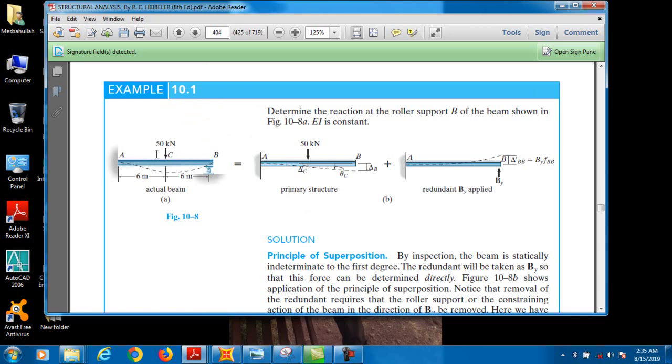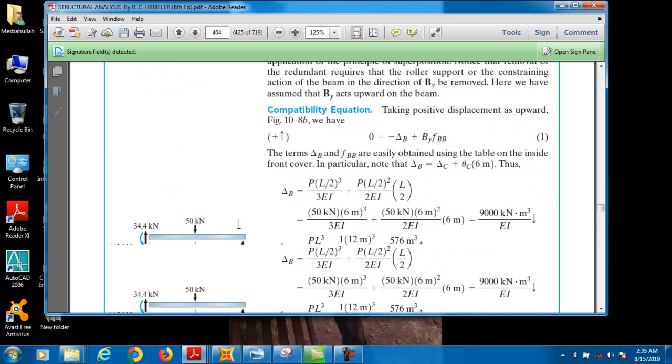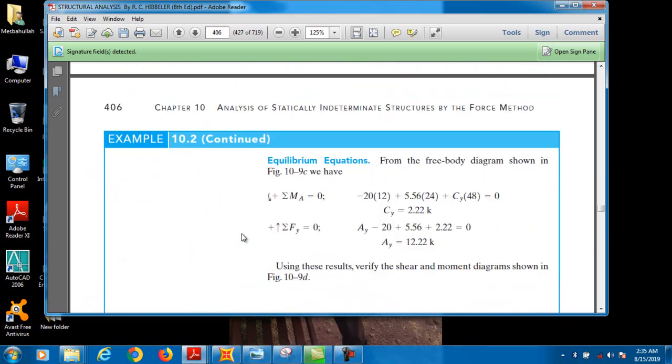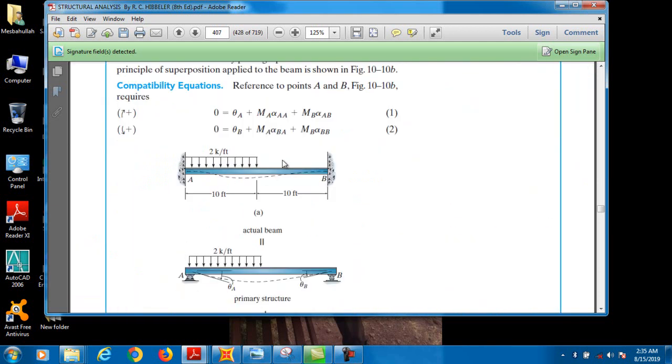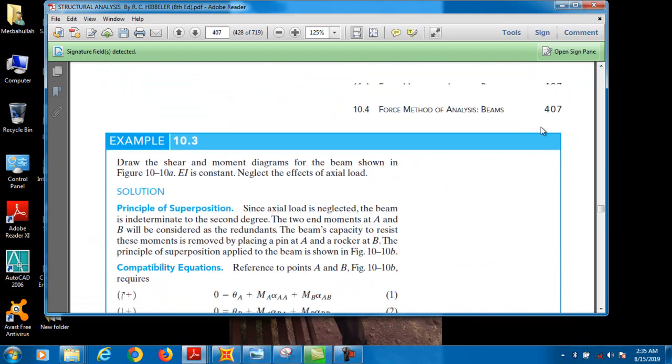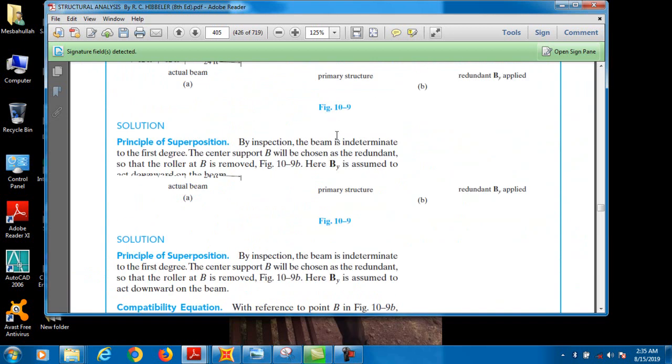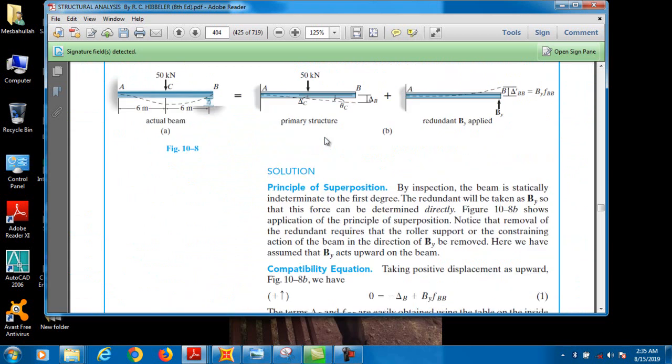This first example is an indeterminate structure with a simple span, a roller at B and a fixed support at A, and a point load at the midpoint, and EI is constant. I will cover this example as well as the next one, so these two examples in this lecture. So let's start.